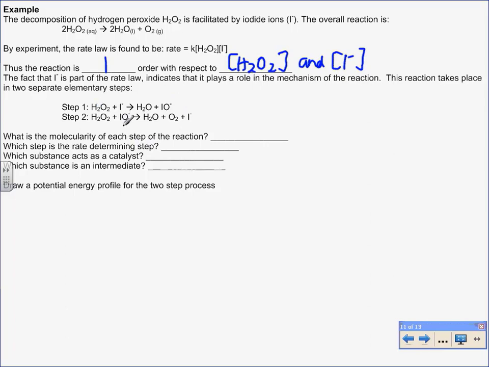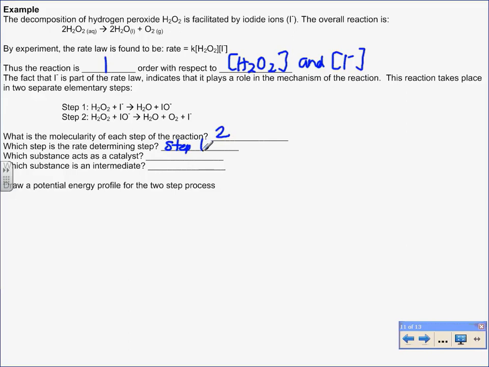The molecularity of each step of the reaction is 2. That simply means that 2 molecules need to collide in each step of the mechanism. The step that's the rate determining step is the one that's connected to the rate law. So it involves one molecule of H2O2 and an iodide ion, which is step 1 of the reaction.